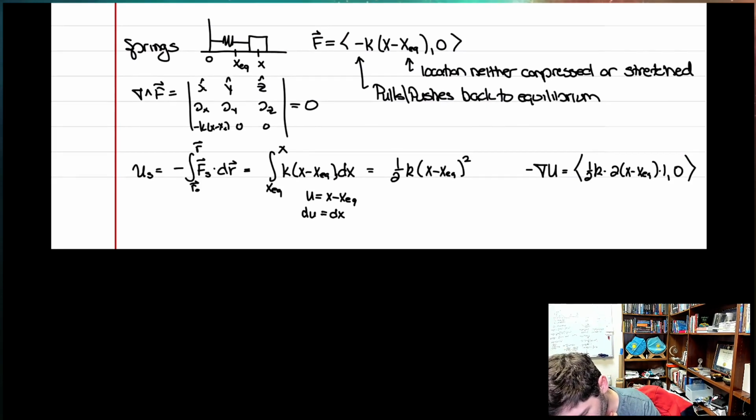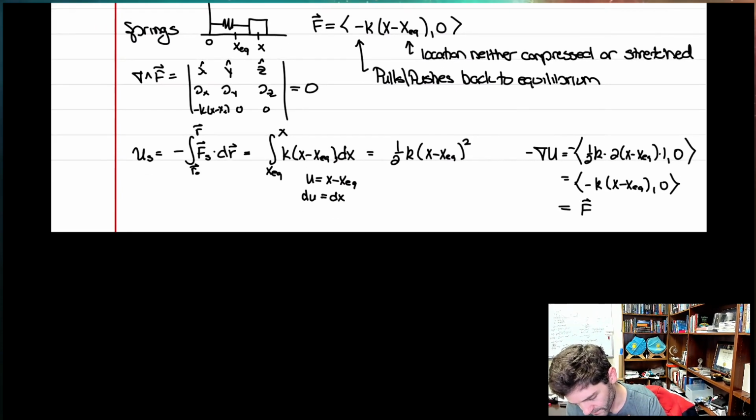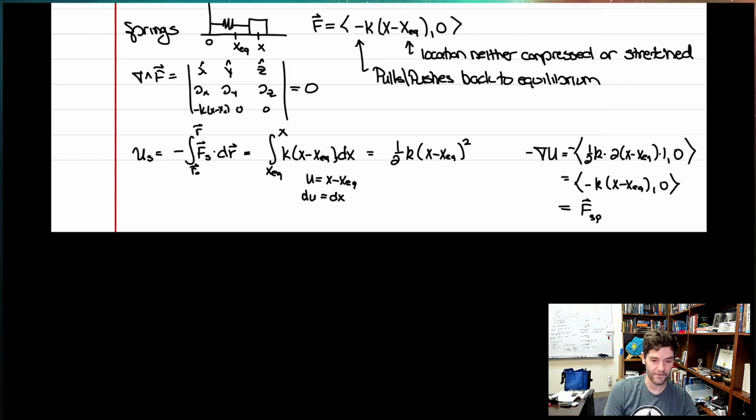And then there's an overall negative sign out front. Then notice the 2's cancel, and it looks like I get negative k (x minus x equilibrium), comma 0, which indeed was the original force for the spring. So it's always a good check for yourself. You should be able to take the negative of the gradient and get back the force you started with. If you do, you did the integral correctly. If not, something's awry.